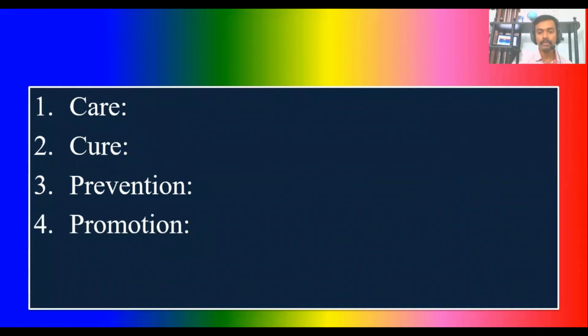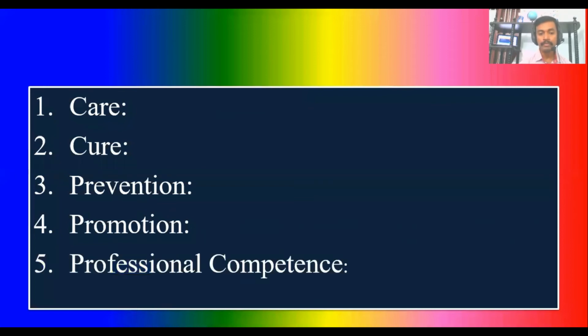Then promotion of health, promote physical health, mental health, and social well-being. Then professional competence. We can learn with other nursing professionals, we can promote competitiveness between doctors, nurses, among the nurses.